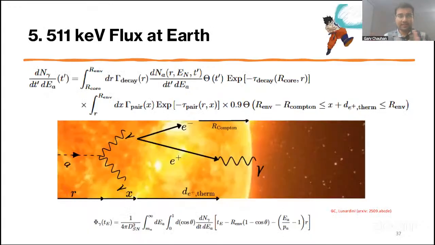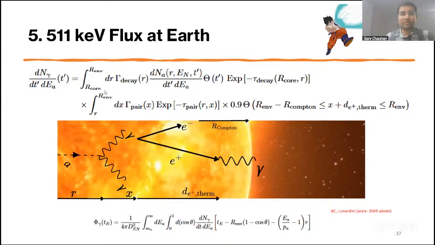Collecting all the ingredients I have discussed earlier, we can get the flux on Earth, and it's given as follows. So I'll explain the ingredients here for this integral. Once you have the production rate for this axion, you also put in the exponential because these particles decay and you lose their number density.